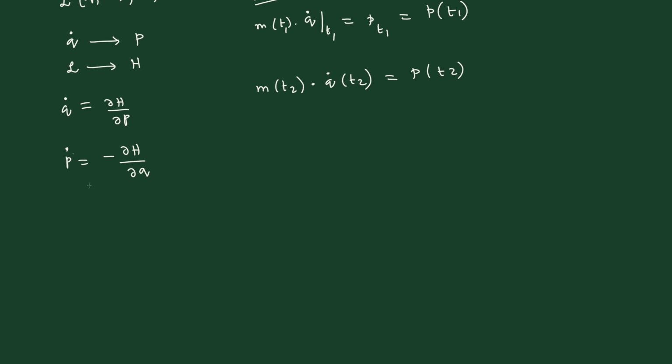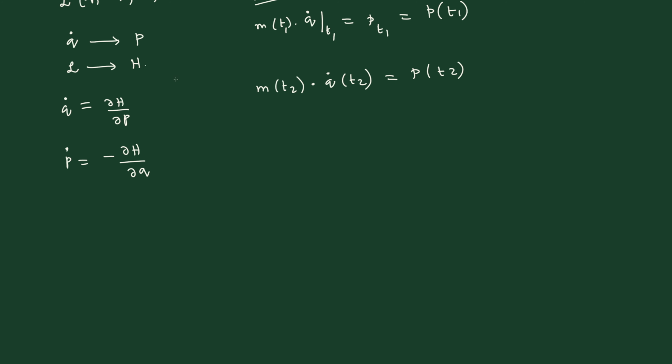But here it is not so. The moment the Hamiltonian is available to you, its partial derivatives will give you how the position and the momentum will change with time. Therefore, the Hamiltonian of a dynamical system is more meaningful than the Lagrangian of the system.